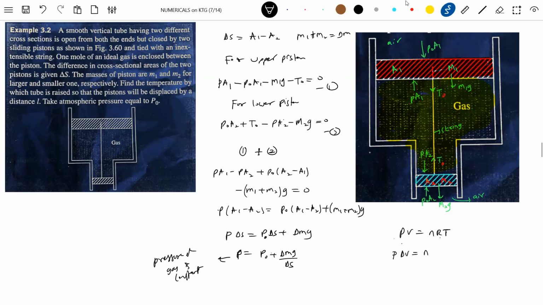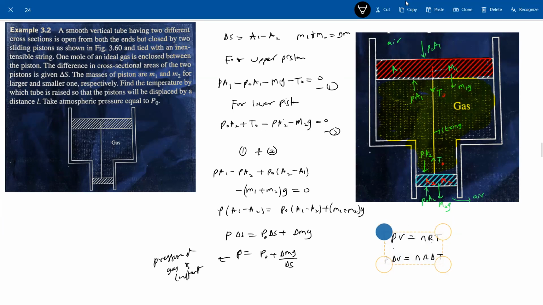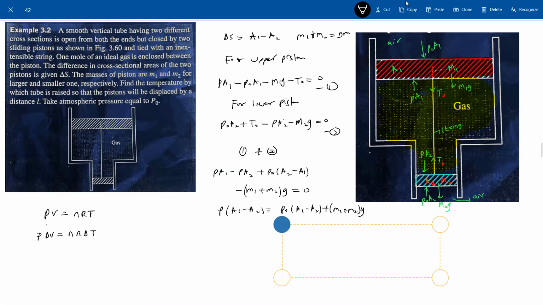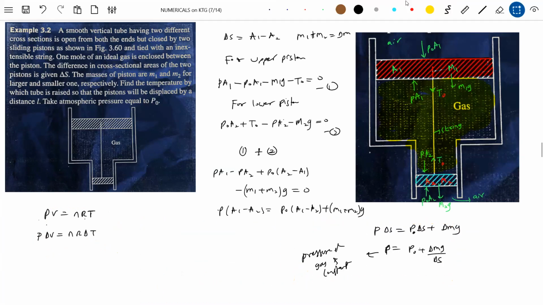So P delta V is equal to nR delta T. I think this is our idea. By how much temperature should be incremented so that the pistons will move. Tell me whether the pistons will move up or down. Anybody?